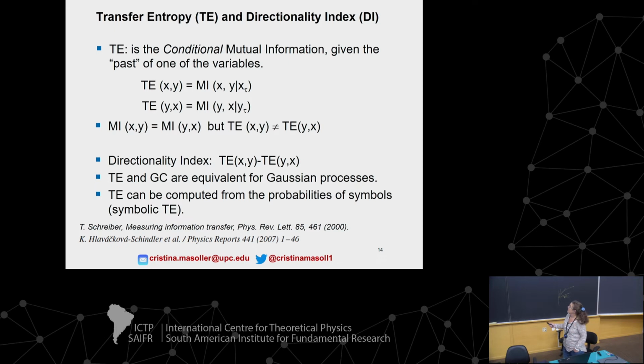Again, this is a very good report on causality detection, and this is the original paper proposing the transfer entropy, which measures the transfer of information. It tells you if a time series is informative to improve the prediction of another time series. That is basically the idea.